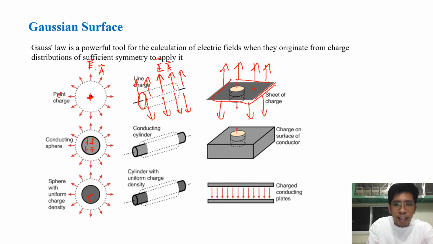So all that is left is the top of your cylinder, which has a vector A upwards, and your electric field is also perpendicular, so E and A are parallel here. The same is true for a charge on the surface of a conductor and for charged conducting plates. So we always take note of the symmetry when we're going to use Gauss's law.